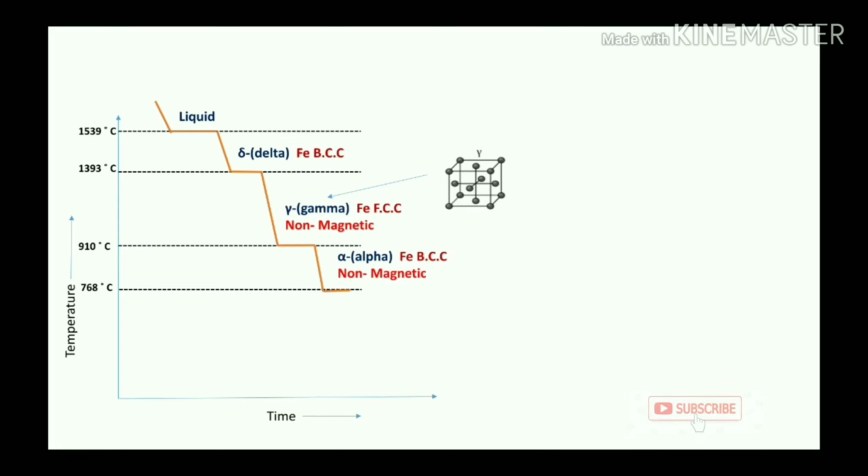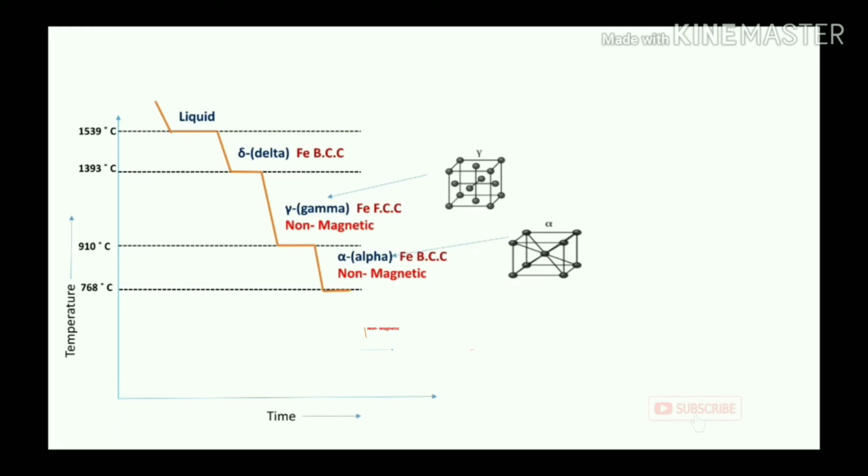After that, from 910 degrees to 768 degrees, it forms the alpha phase of iron, or the solid alpha phase, in simple words the alpha ferrite structure, which has a BCC structure, or body centered cubic, with non-magnetic properties.